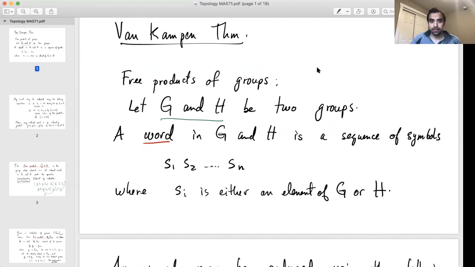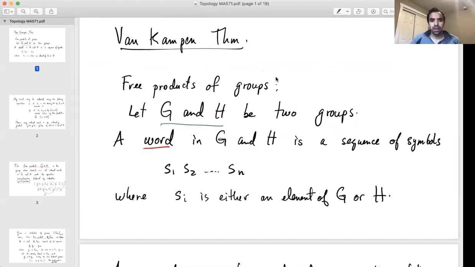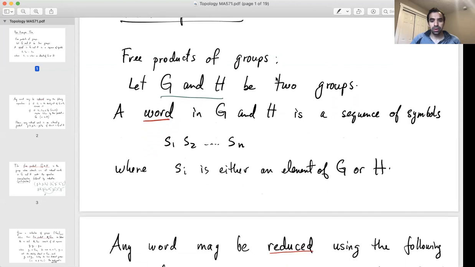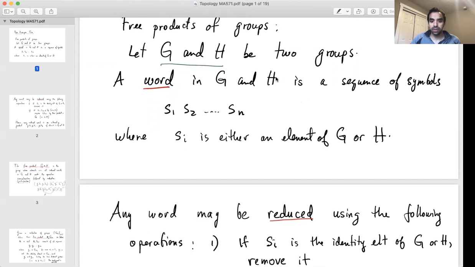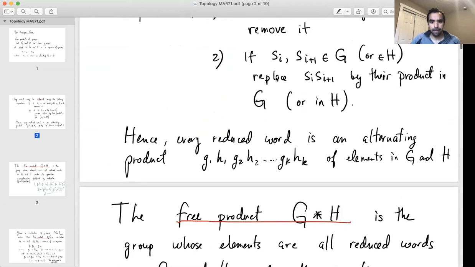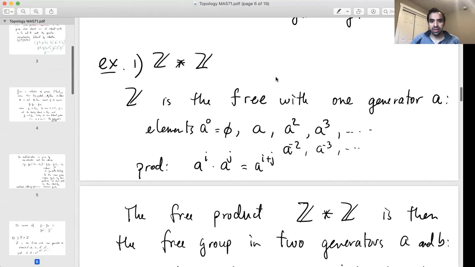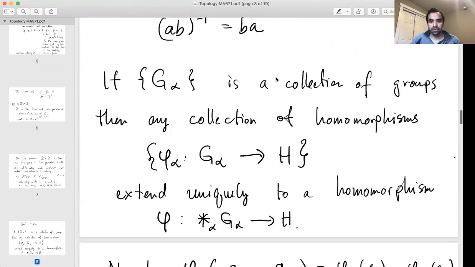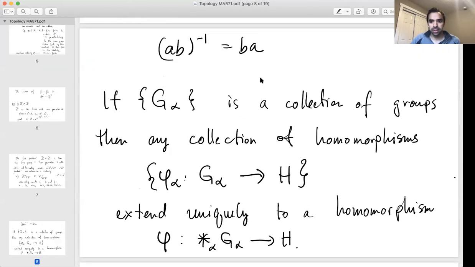We discussed the notion of the free product between two groups. Is that clear? Right. And then we have what is called the universal property of the free product.